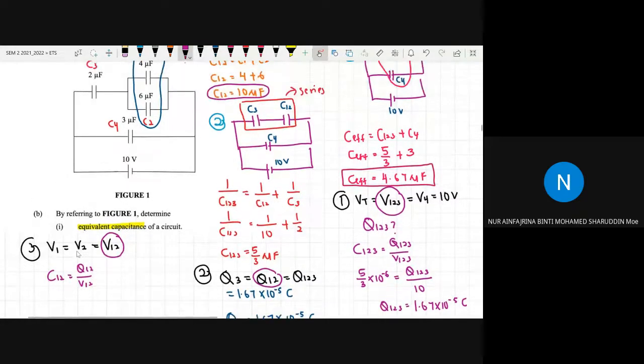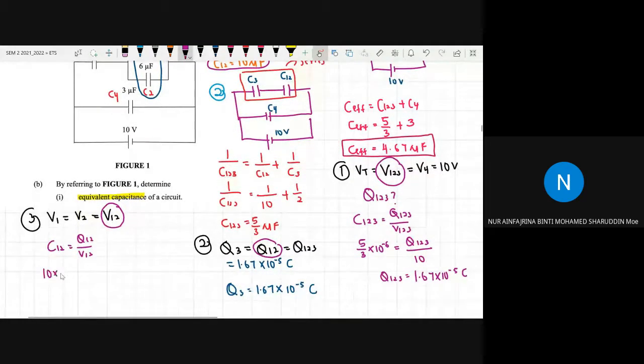Pakai balik formula ni. C12 equals to Q12 over V12. So C12 kita dah tahu 10 microfarad. So 10 times 10 to power of negative 6. Q12 kita dah tahu, Q12 kita adalah 1.67 times 10 to power of negative 5. So kita nak cari V12. So V12 kita berapa?